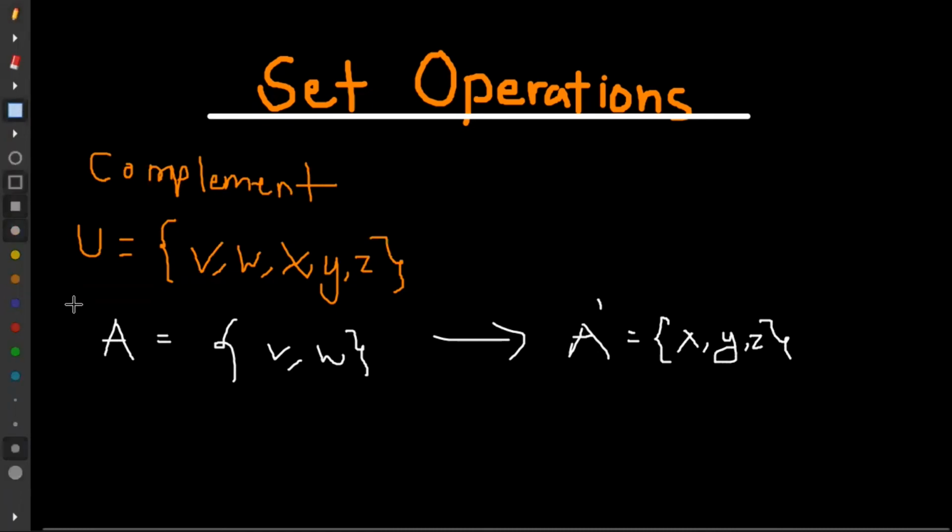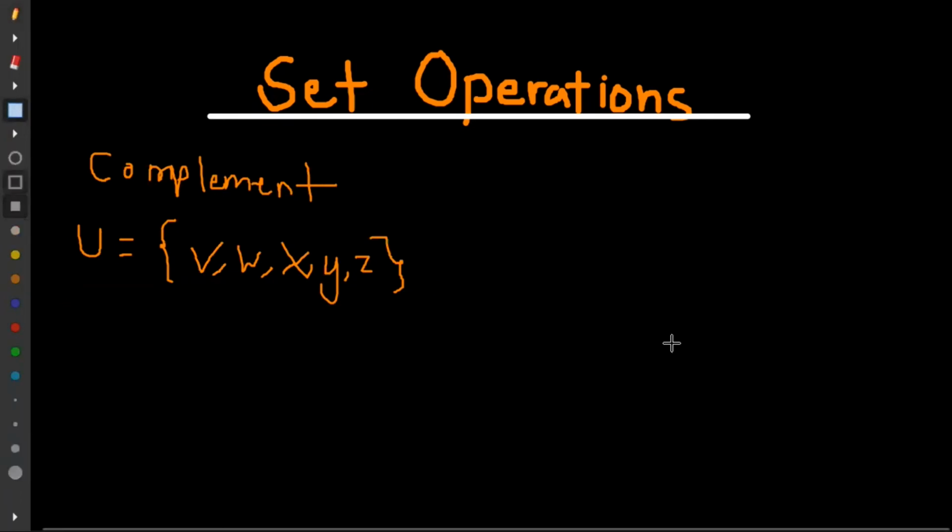Now, what if we are tasked to find the complement of an empty set? Or we can also denote it by the two brackets, complement. What would be the outcome of this?